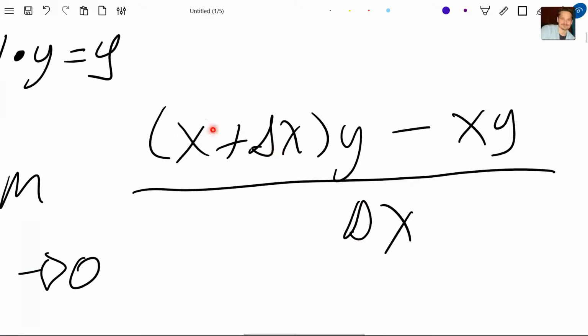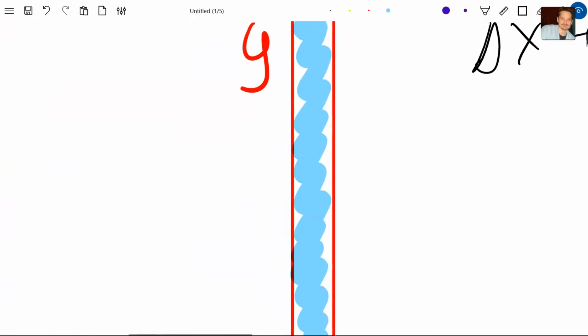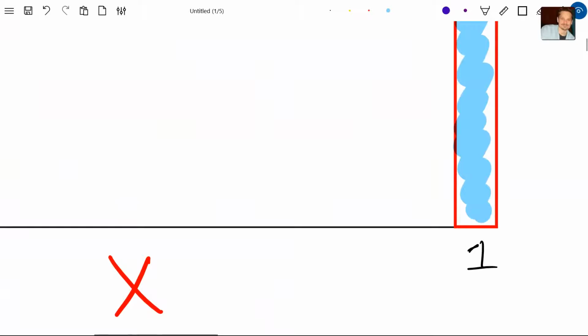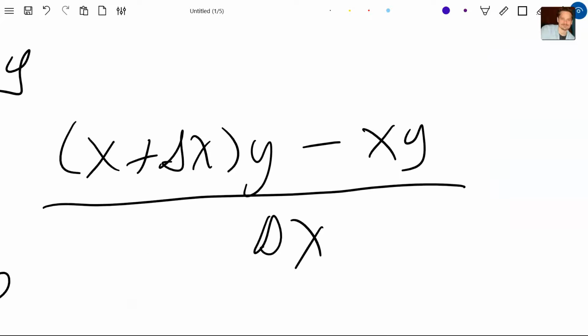This is present because x plus delta x represents the original value of x increased by delta x. So in our case, that would be roughly like saying back in the rectangle that it corresponds to the original x here. But instead of writing 1 in that position, imagine we just write delta x. It's how much we're increasing the x by. Then you have y, so we're multiplying x plus delta x by y because this top piece right here then forms the area.